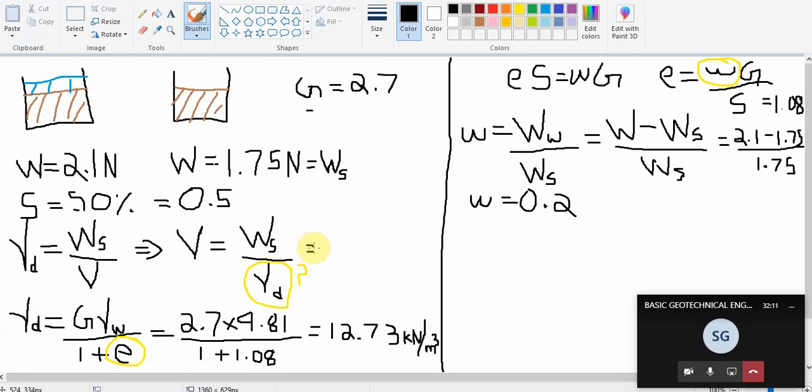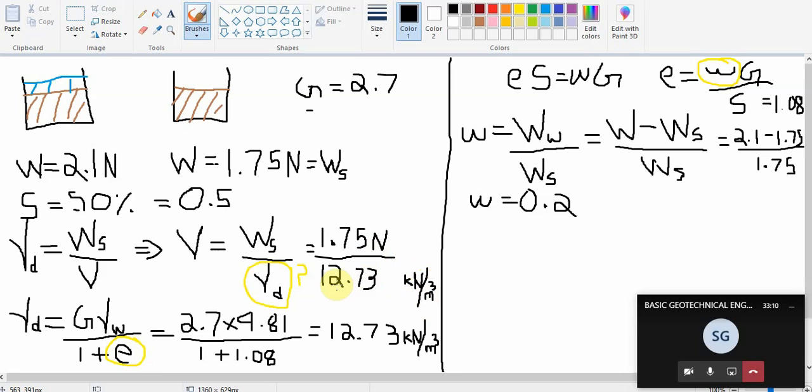Volume of solids is, weight of solids is 1.75 Newton and dry unit weight is 12.73 kilonewton per meter cube.